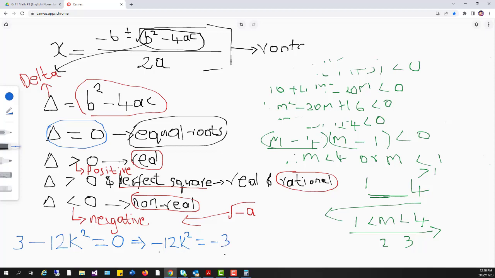And then next we're going to divide both sides by minus 12 because we are looking for k. Then we will have minus 12 cancelling with minus 12, we are left with k squared equals minus 3 divided by minus 12, which is 1 over 4.